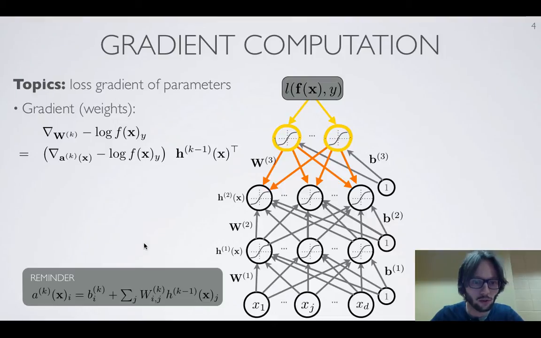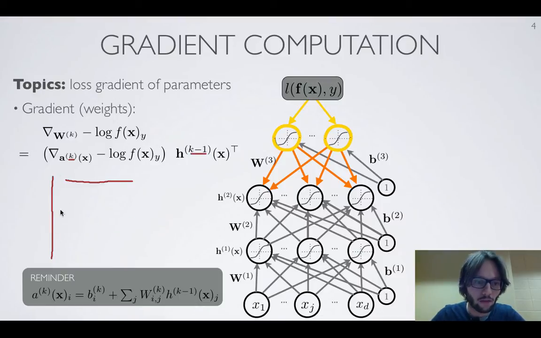So what we can do is take the vector of pre-activation gradients. That is, the gradient vector is going to be the vector of partial derivatives for all pre-activations in the layer k, and then multiply that by the vector of activations at the layer below, but we're going to transpose it to get a row vector.